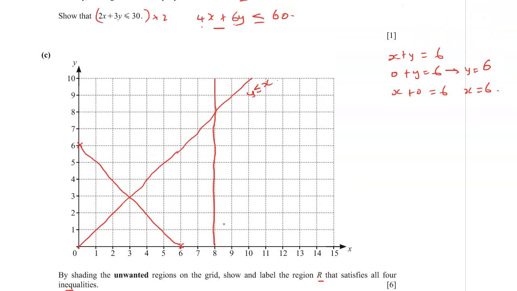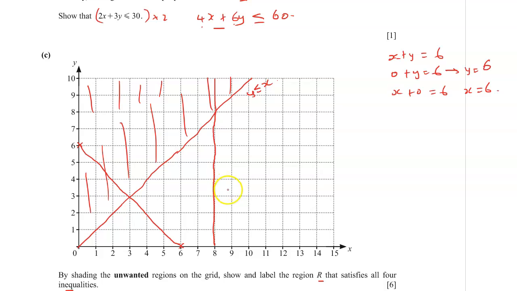Right, so for this one, y is less than or equal to 6. It is this region here. So the unwanted region is this one here for this side. That is the unwanted region right there.